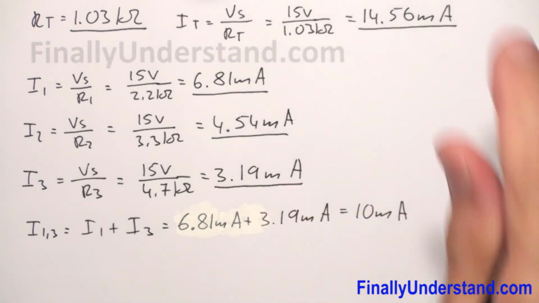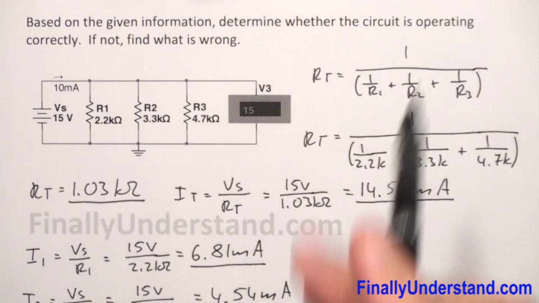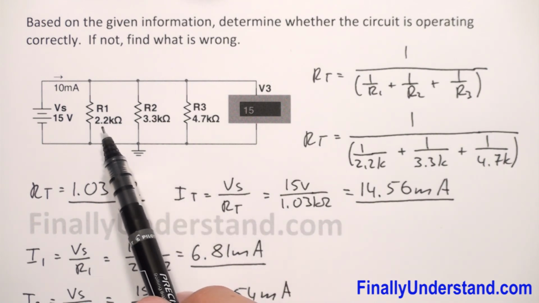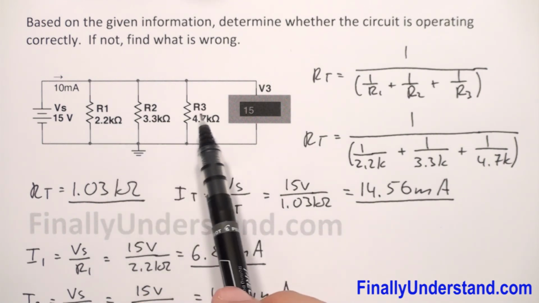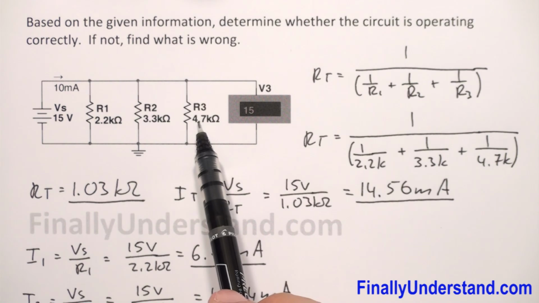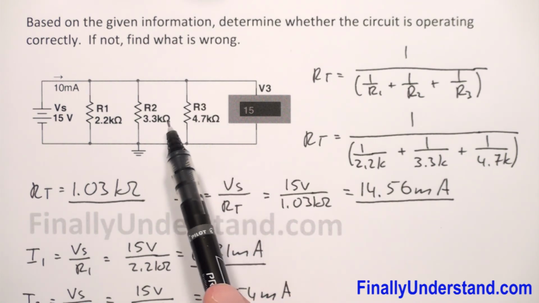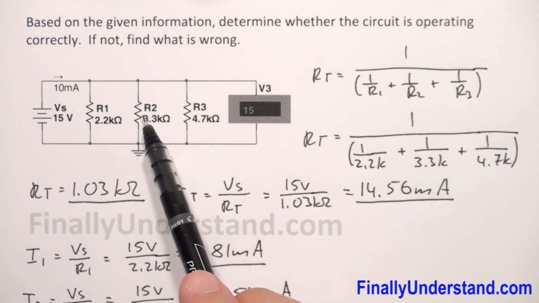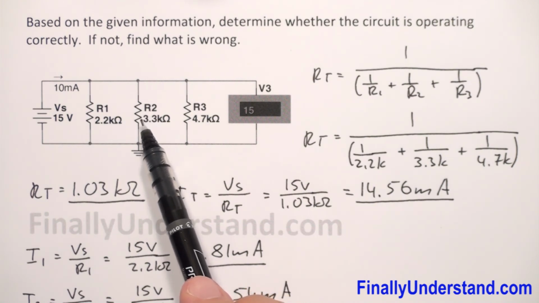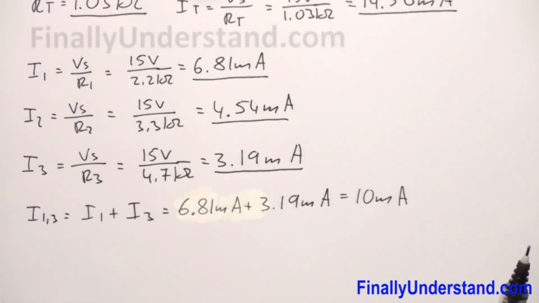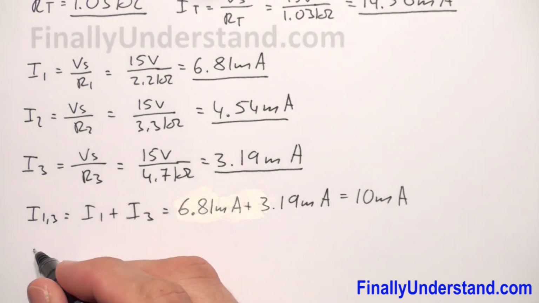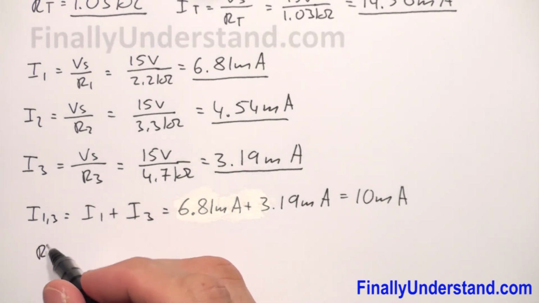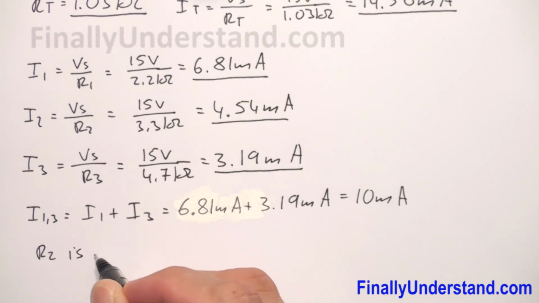So it means that the current flows only through resistor R1 and resistor R3. So it means also that R2 is not functioning. In other words, R2 is open.